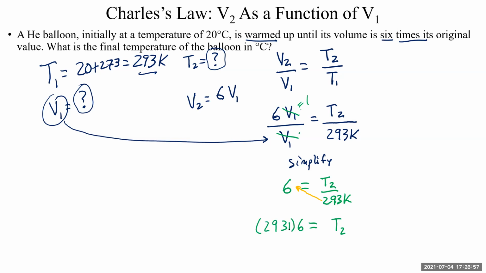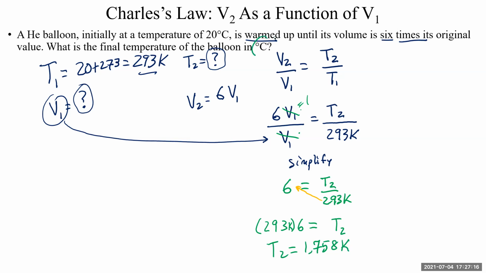So T2 is going to equal 6 times 293. That's going to equal 1,758 kelvins. Remember, it's Kelvin units.